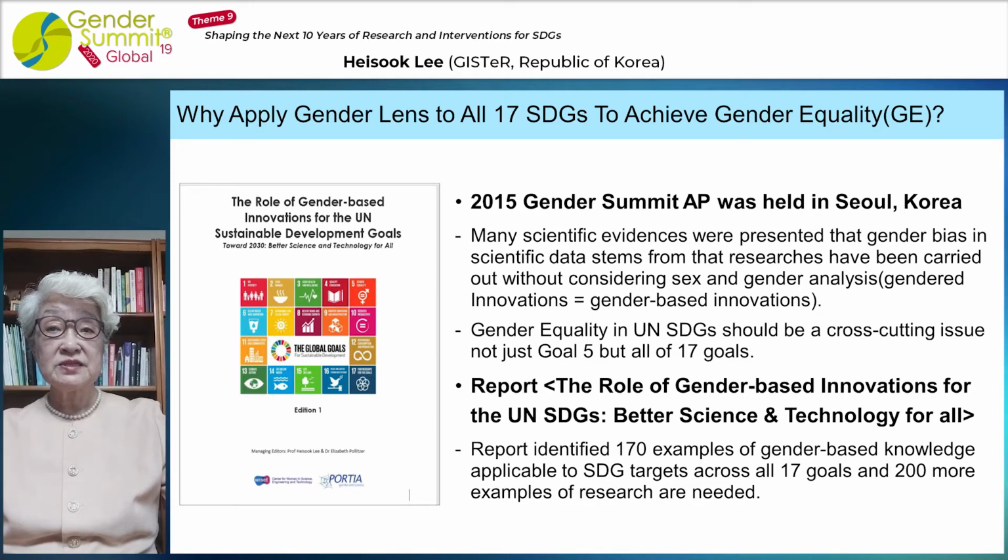The report presented gender as a cross-cutting issue for all SDGs, identified 170 examples of gender-based knowledge applicable to SDG targets across all 17 goals, and 200 more examples of research are needed.